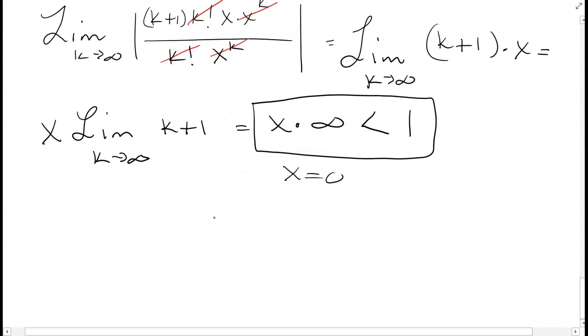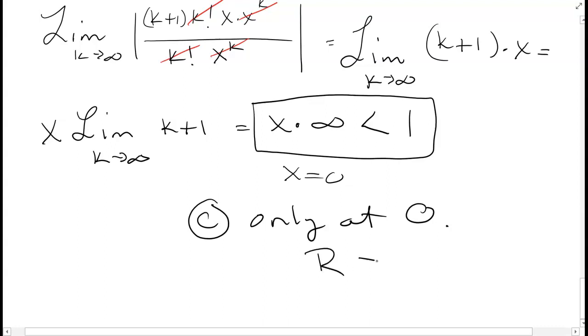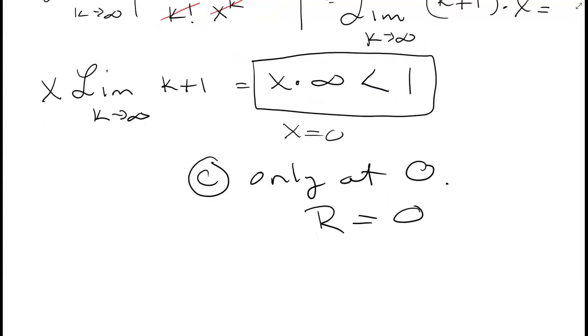Which means this particular series will converge only at 0. And its radius of convergence is 0. So that's kind of the other example. So for this video, I'm going to leave you with just the convergence. And then in the next video, we'll talk about some properties of our series and our integral of differentiation.